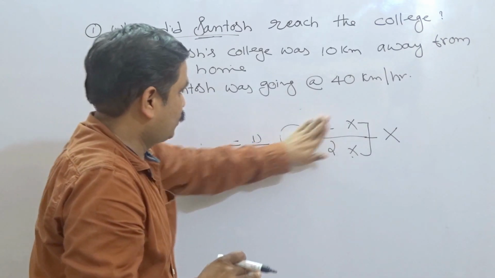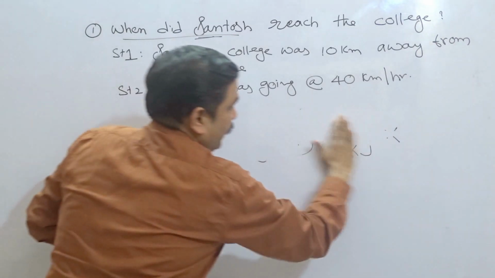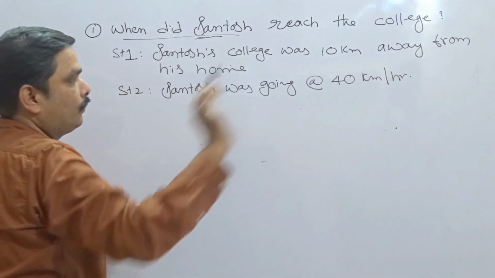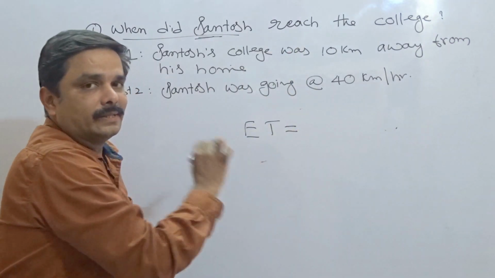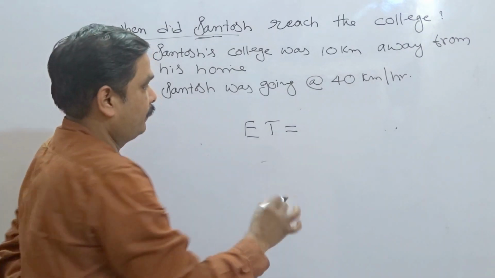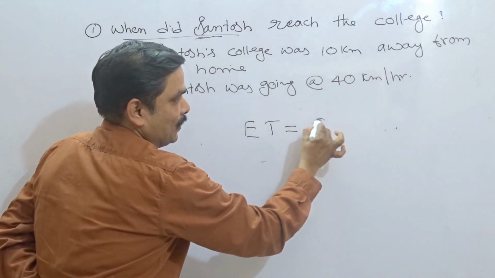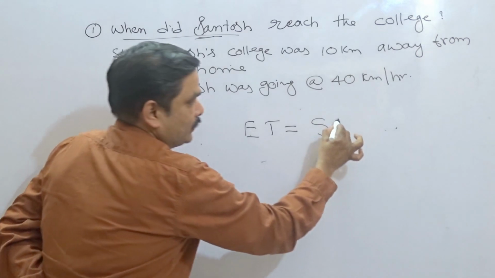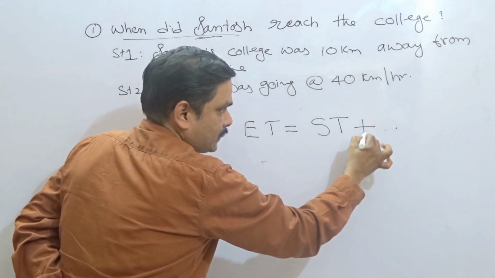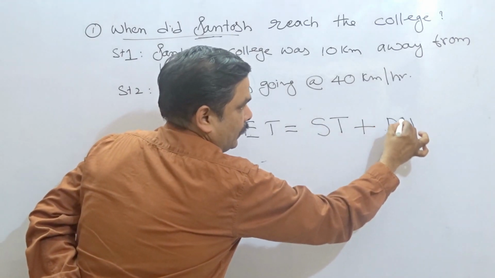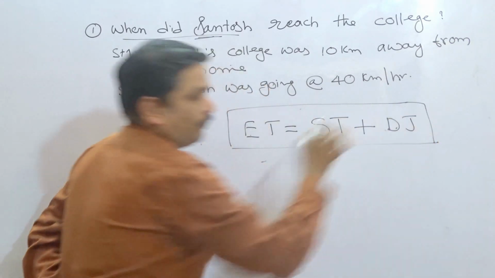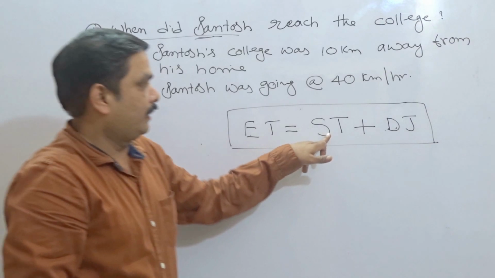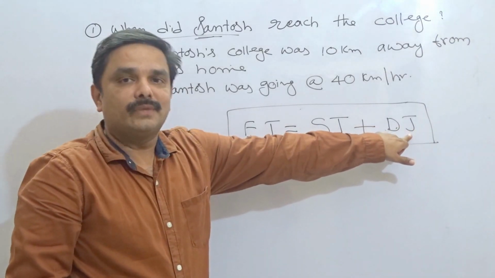When they ask for the ending time, to answer this question I should have the starting time also. Ending time is equal to starting time plus duration of the journey.